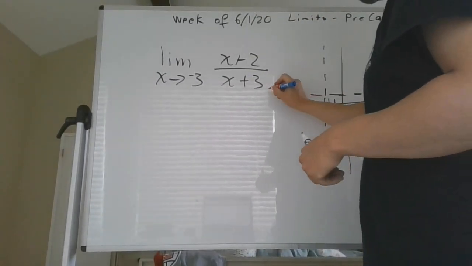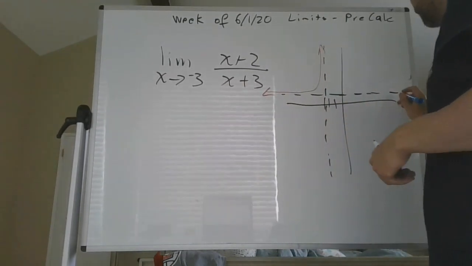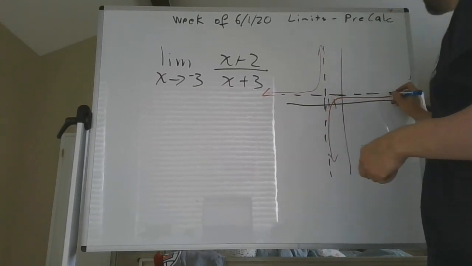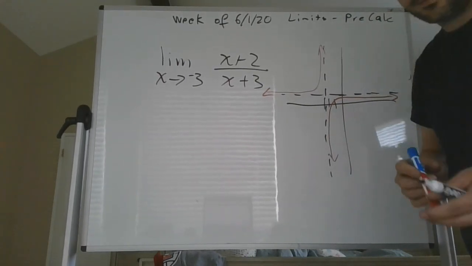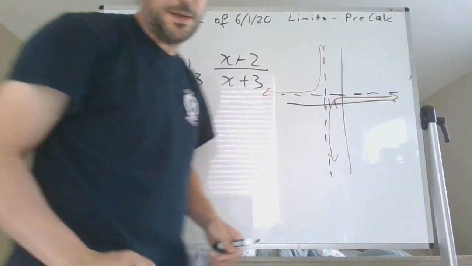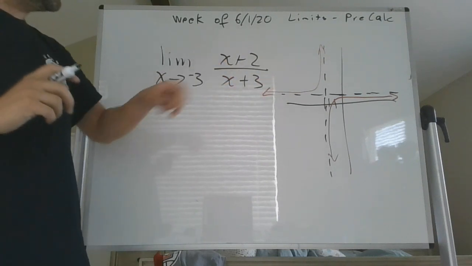We have our two asymptotes. Okay. Let me just clear this out. Okay. So this is the graph of x plus 2 over x plus 3.